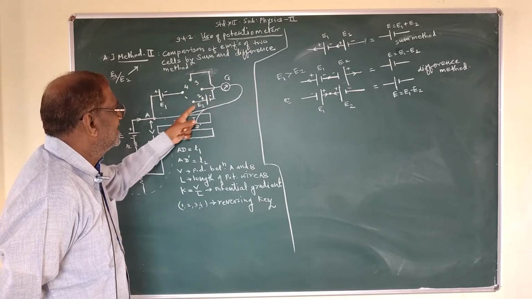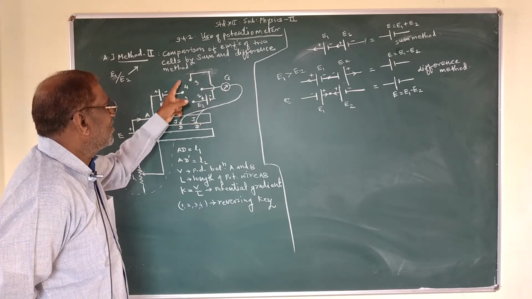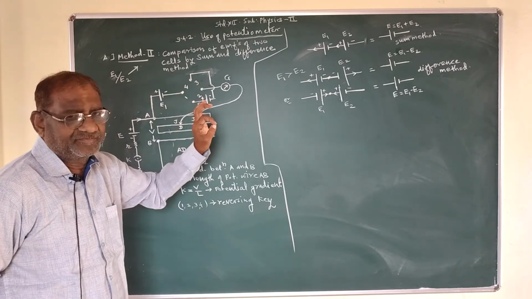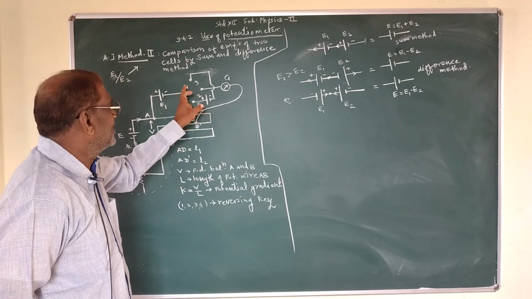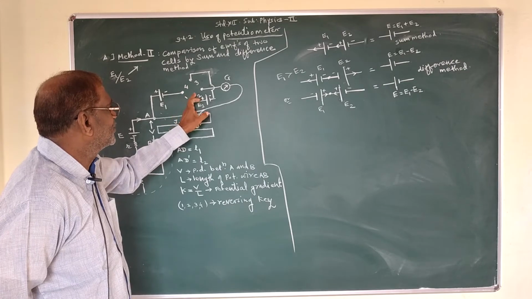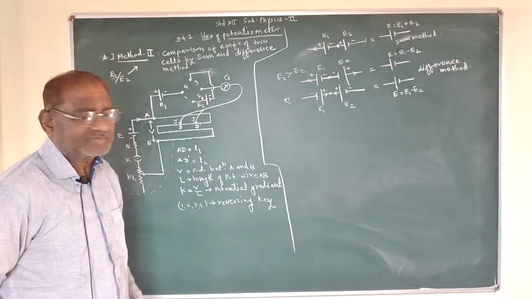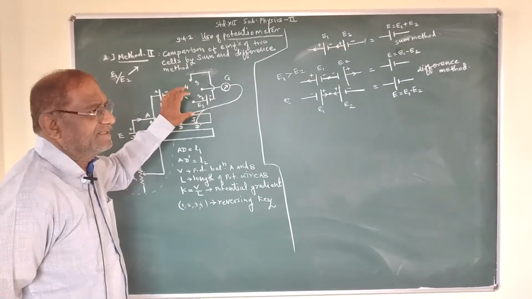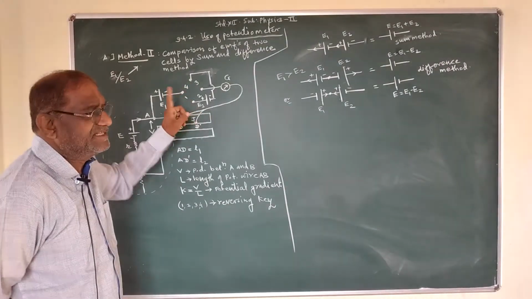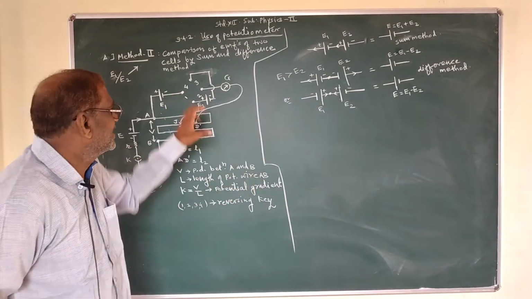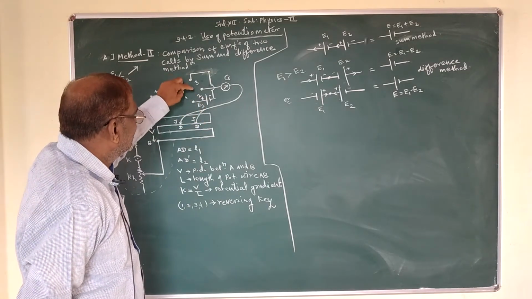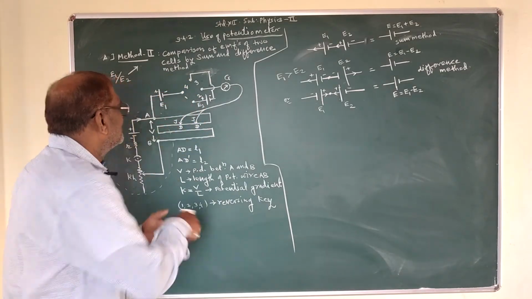This is the reversing key or four-way key, with points 1, 2, 3, 4. So while performing the experiment there is use of reversing key.